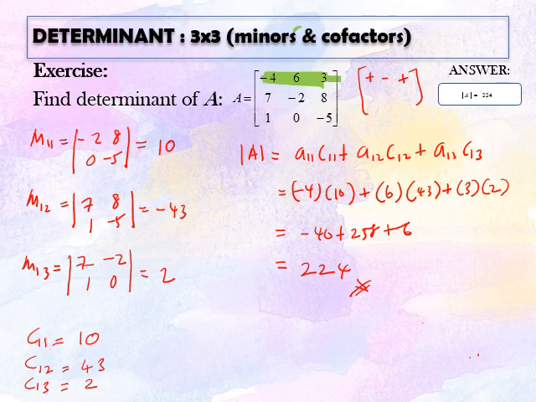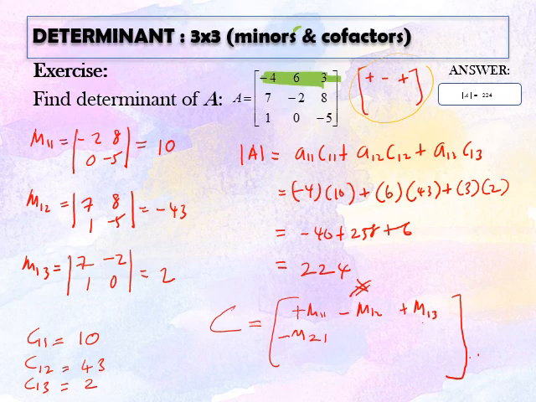Okay, I repeat again. This one, what does it mean? The cofactor is equal to positive of M11, negative of M12, positive of M13. Okay, it's not that here should be positive value, here should be negative value. No, it's the positive of M11, negative of M12, positive of M13. Next we have M21 should be negative because it's positive, negative, positive, negative, positive, negative.